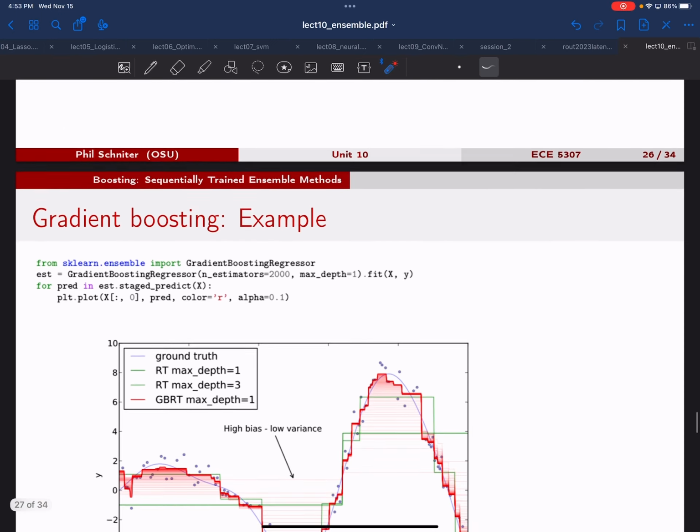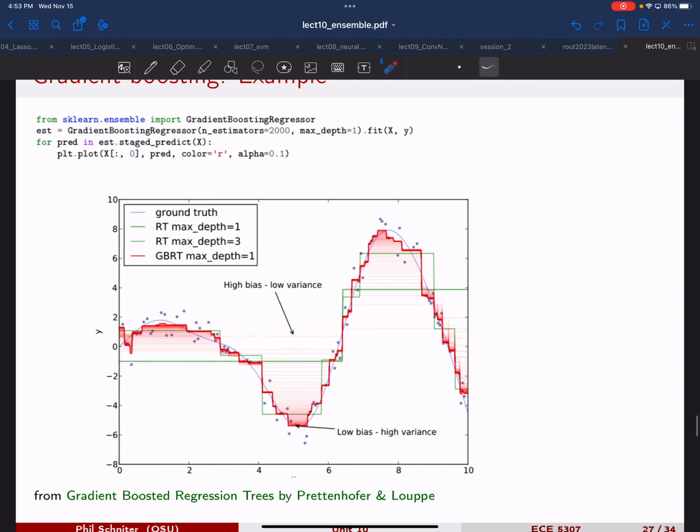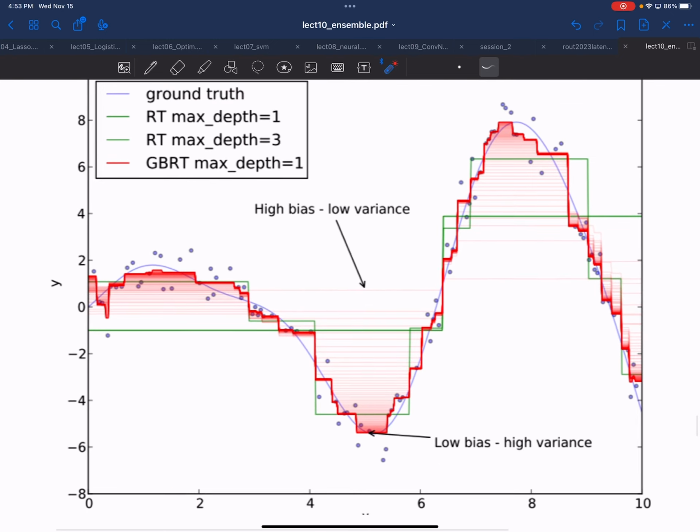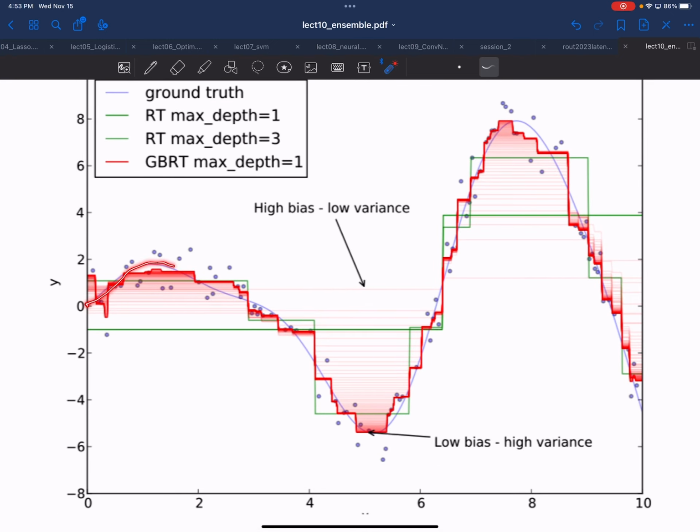Okay, and here's just one visual example. This is prediction for a single scalar parameter regression. So here's our scalar feature x. This is our target y. The true model that we're trying to approximate is this blue line.